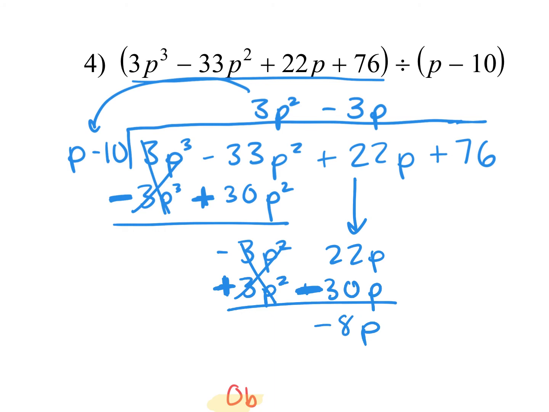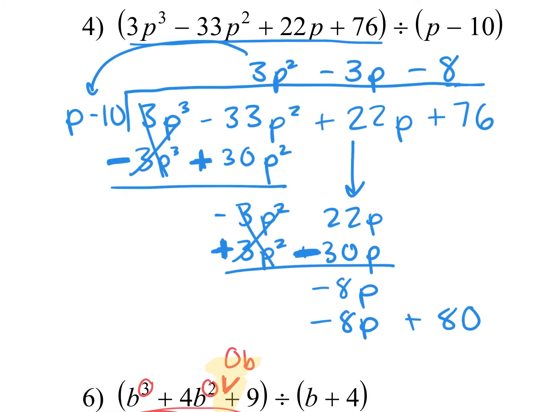What do I do next? Divide. So if I have negative 8p and I take away a p, what do I have? Negative 8. After we divide, we multiply. So negative 8 times p is negative 8p. And negative 8 times negative 10? 80. And then what's next?